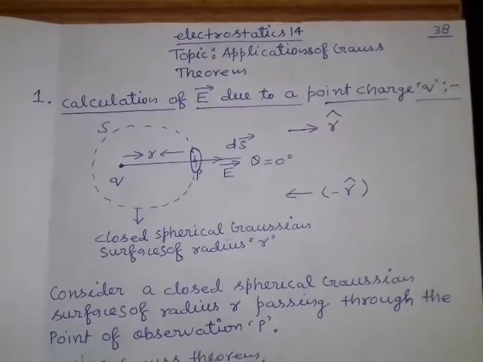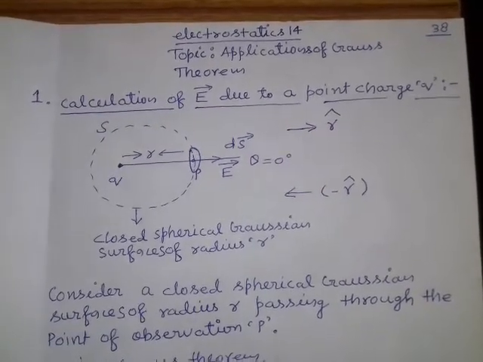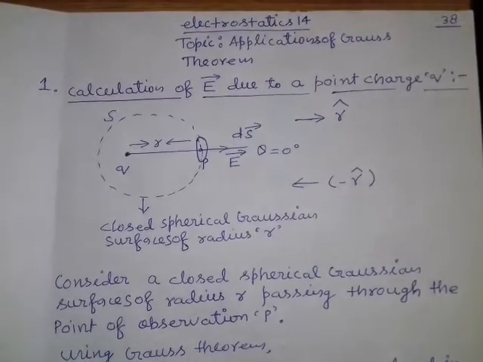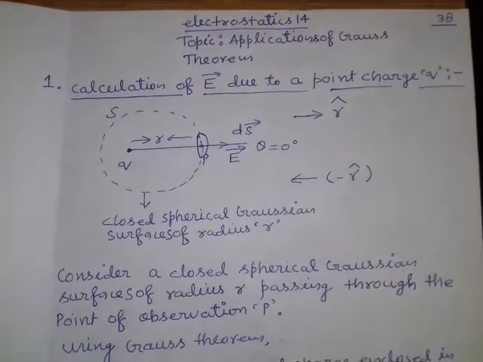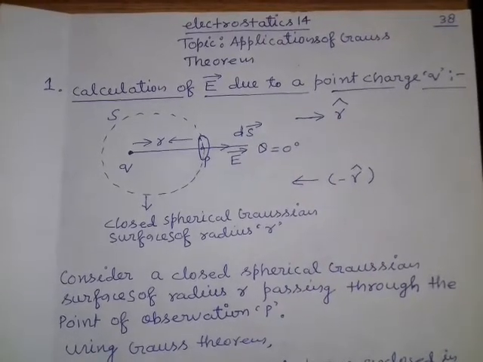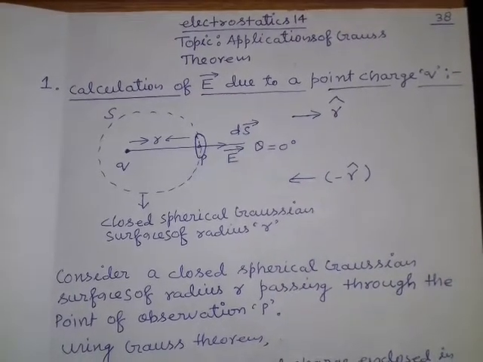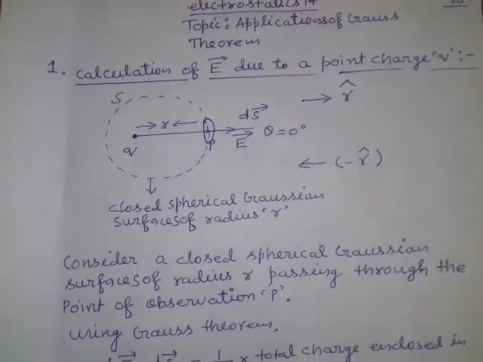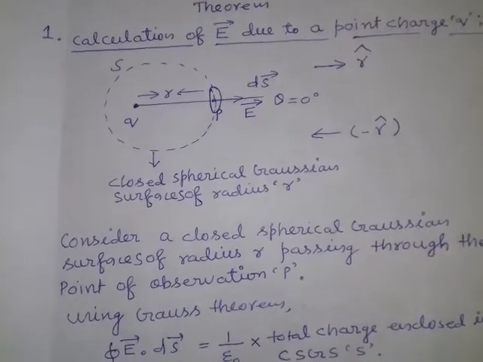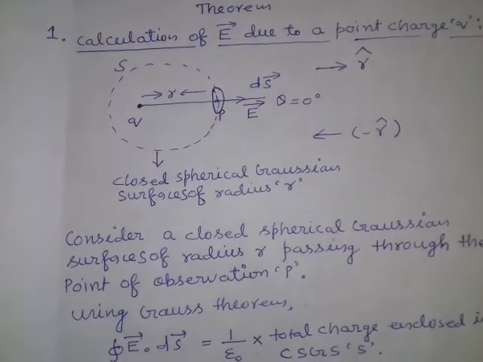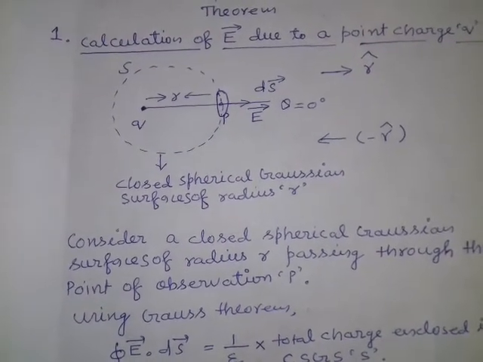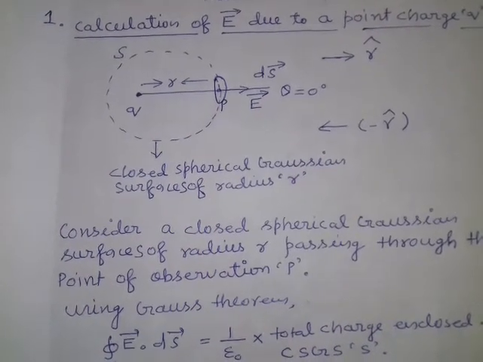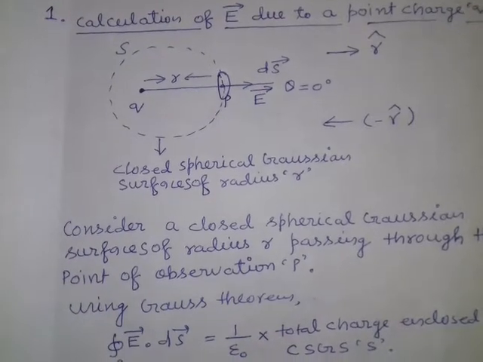So, your first application is calculation of electric field due to a point charge Q. You already calculated this electric field due to a point charge Q with the Coulombian approach. You see there is a point charge Q and at a separation small r from Q there is a point P, which is your point of observation.